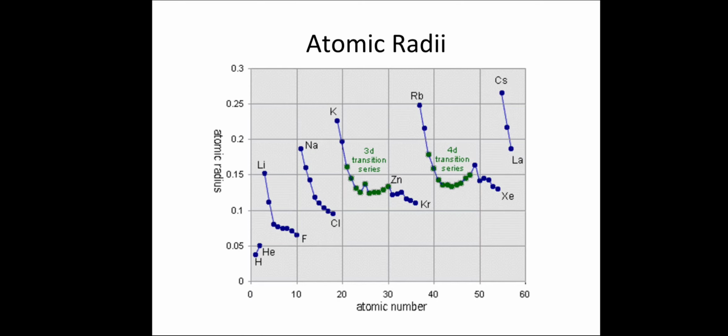When we move from left to right, the atomic radius decreases. This is because when we move from top to bottom, there is an increase in the number of shells, therefore the atomic radius increases. But when we move from left to right, the protonic charge in the nucleus increases, therefore the attraction between the nucleus and valence electron increases, and the atomic radius decreases.